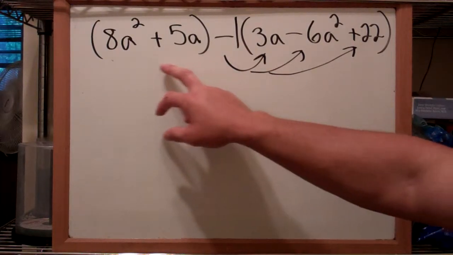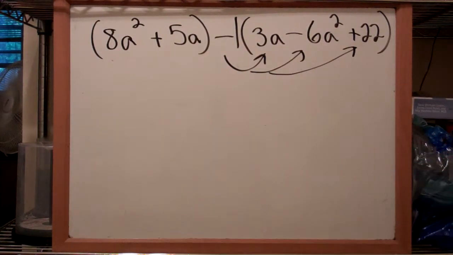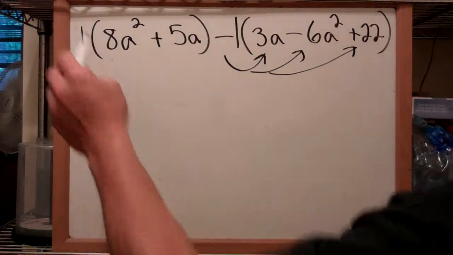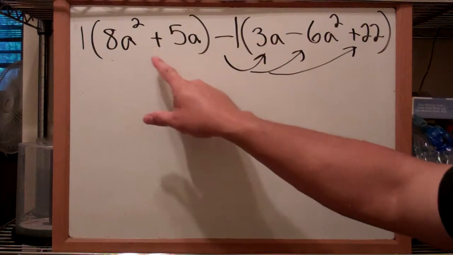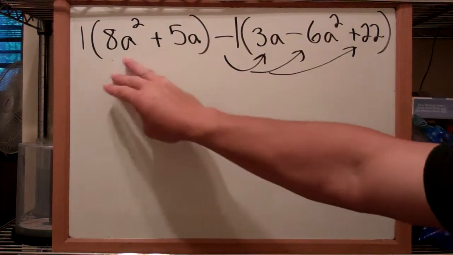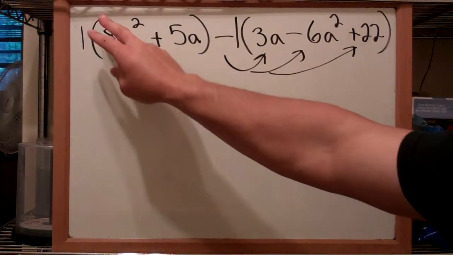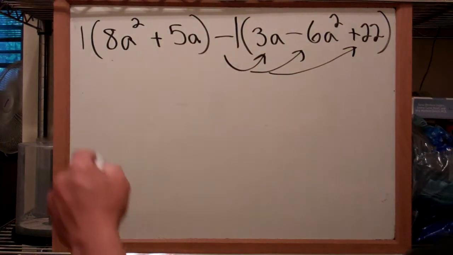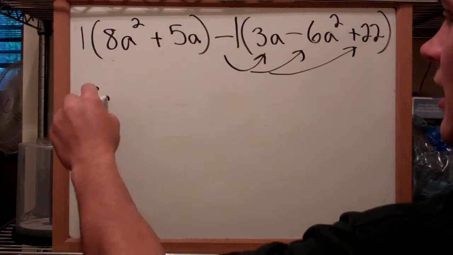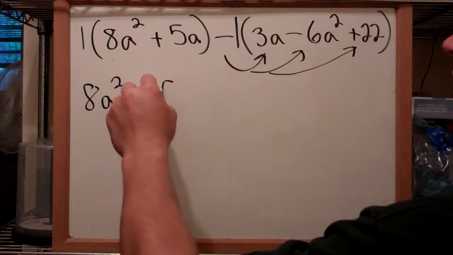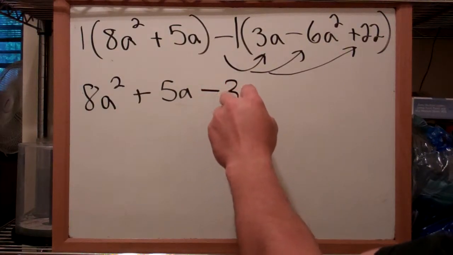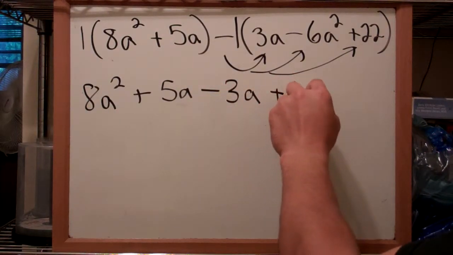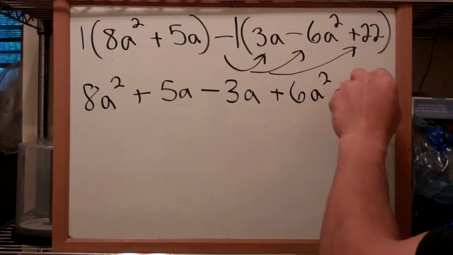Here, the parentheses are really unneeded because we can consider a positive one to be on the outside, and if we were to distribute a positive one to each term inside, we would still get the same thing. So we can drop these parentheses and just say 8a squared plus 5a. And again, when we distribute the -1 here, we're going to get -3a plus 6a squared minus 22.